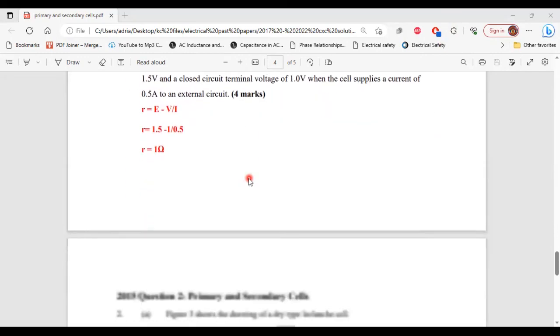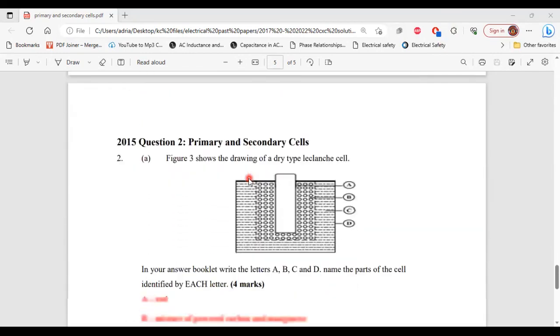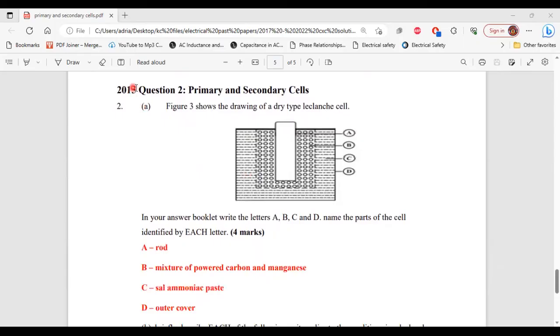All right, let's move on to the next question, and this is question 2 from the 2015 past paper. For part A, it says figure 3 shows the drawing of a dry type Leclanché cell.